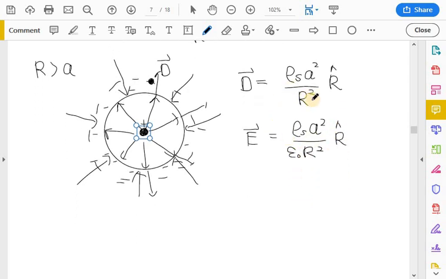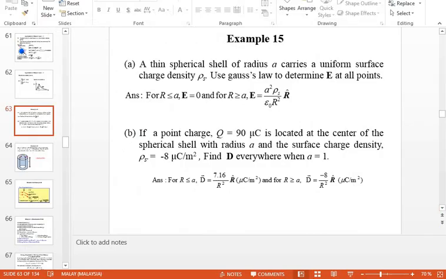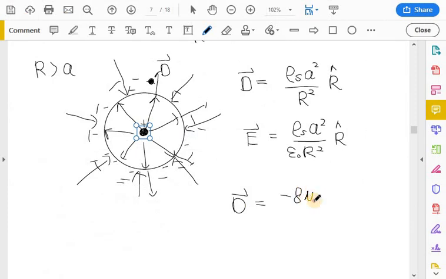Okay, so we use this equation. My D will be rho S, which is given as -8 micro, and A is the radius of the sphere, 1, and the R square.